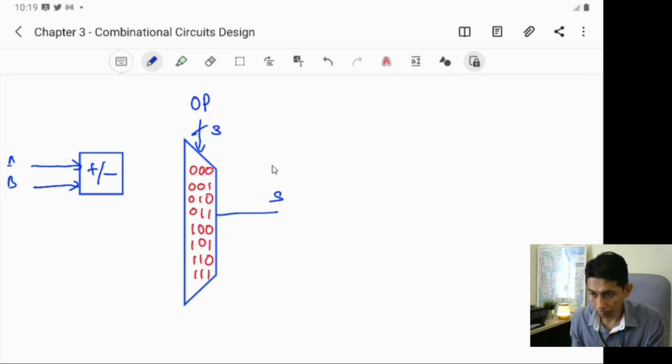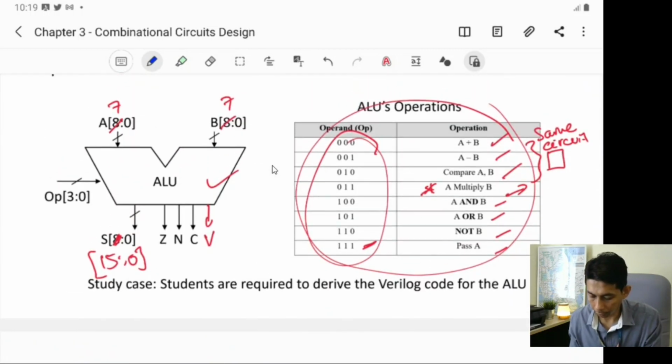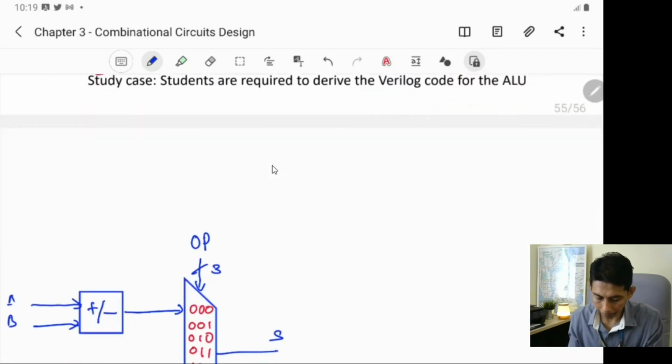All right, so if 0, 0, 0, the operation should be the add, right? 0 0 0 should be add, and 0 0 1 should be sub.